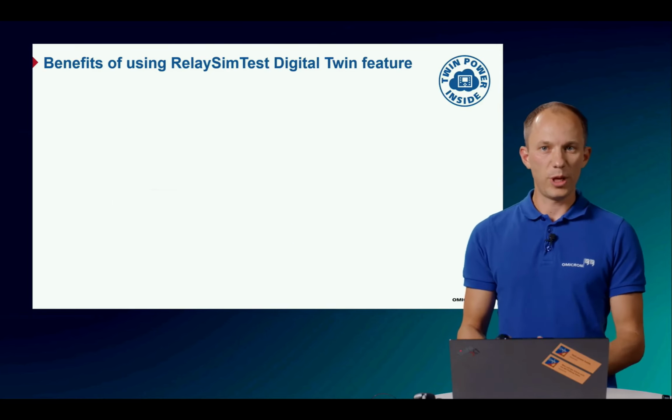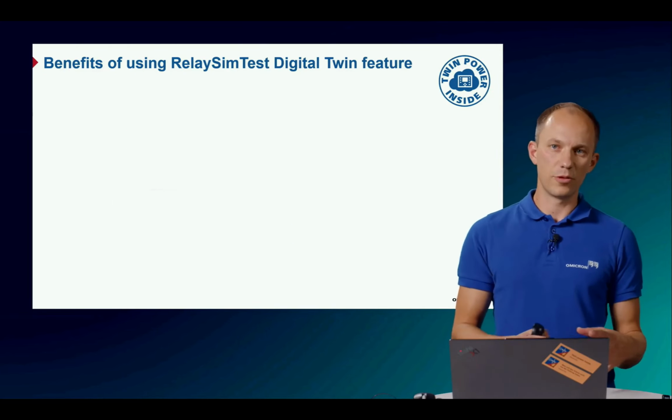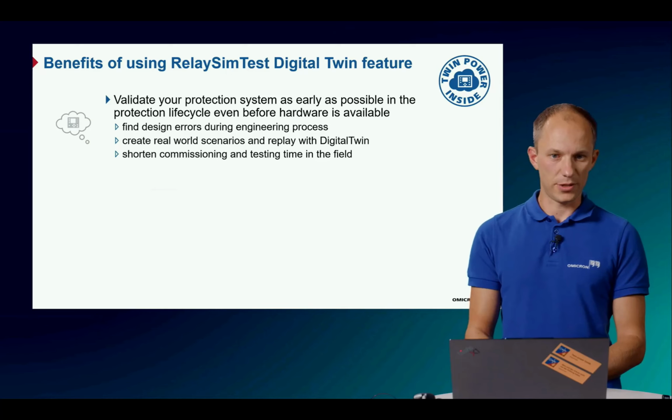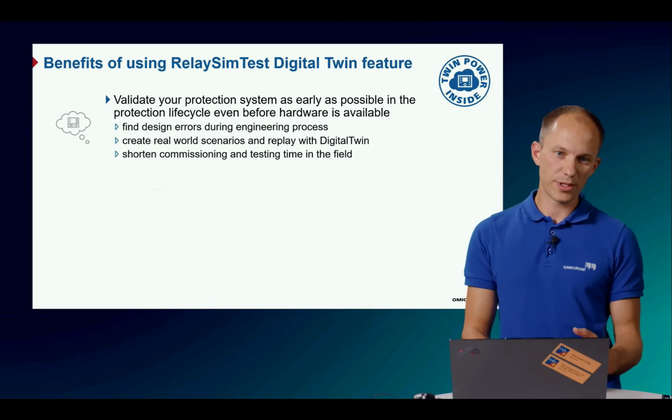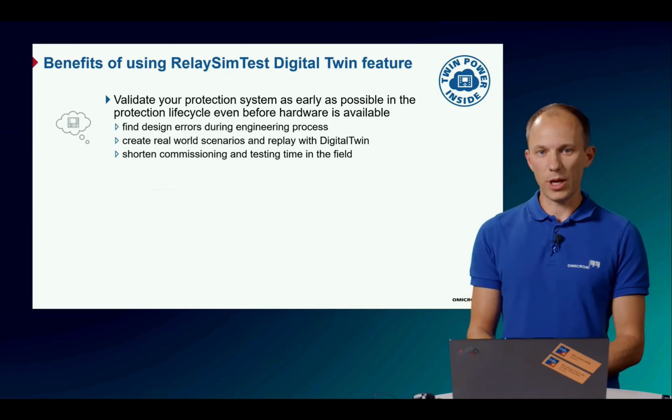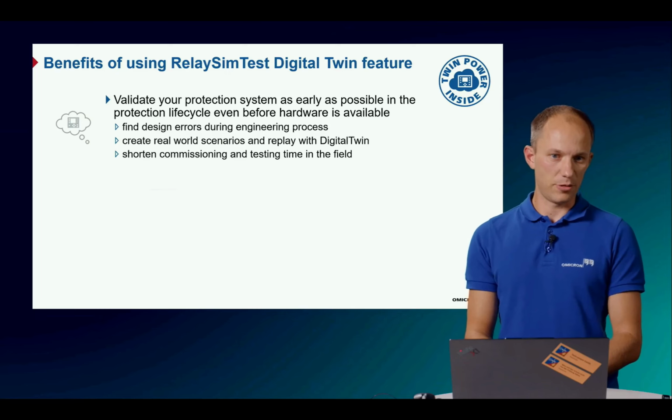Yeah, what are the benefits now, especially of Relay SIMTest using this digital twin feature? We see there two promising benefits. The first one is you can validate your protection system now very, very early in the protection life cycle. So when you are during your engineering process, you can already start to test without the hardware and find there maybe the first design errors.